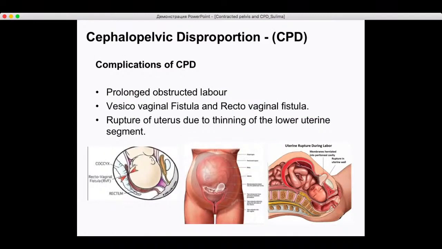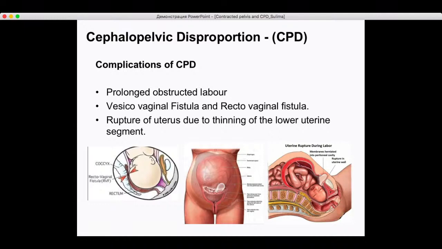What are the main complications of cephalopelvic disproportion? This is prolonged obstructed labor, due to the fetus staying for a long period of time in the pelvic cavity, causing prolonged ischemia.